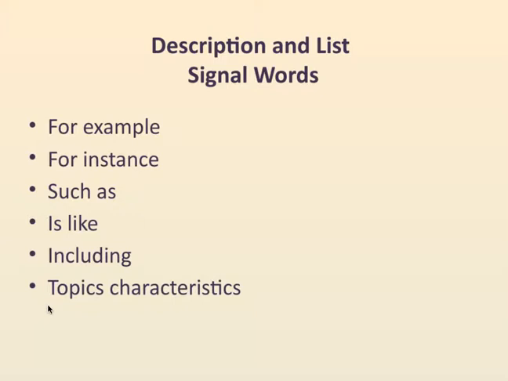I'm leaving a piece of text for you guys to read today, and I'm going to want you to have access to this video so you can replay if you need to, but underline or highlight any words like this that you see in the text, and I want you to try to identify the main topic and also the main details that the author describes about this topic.